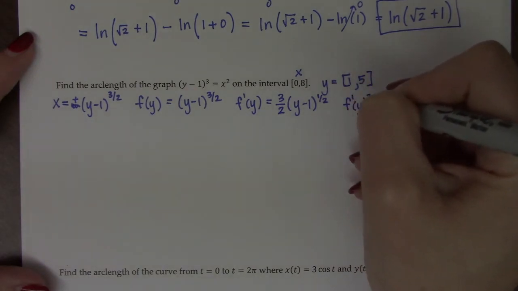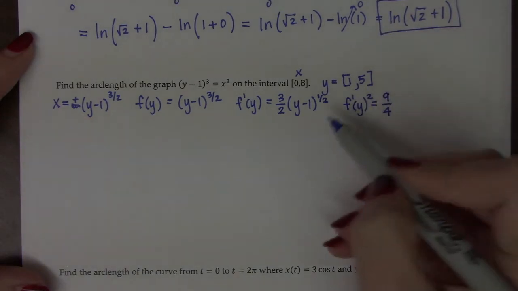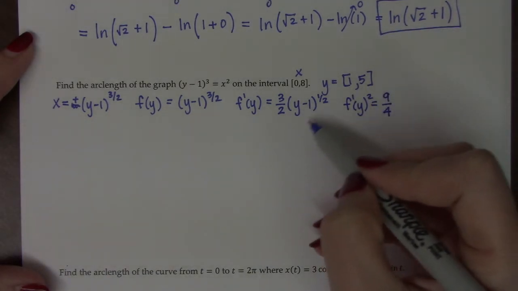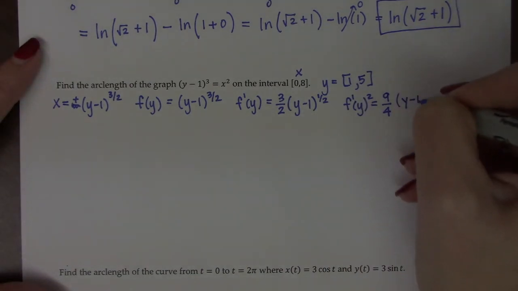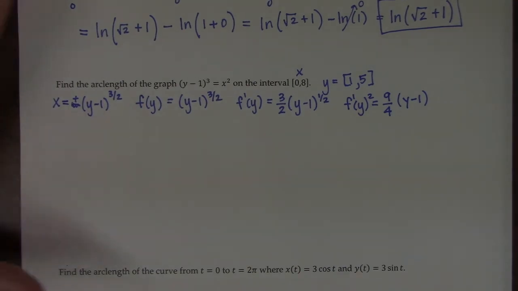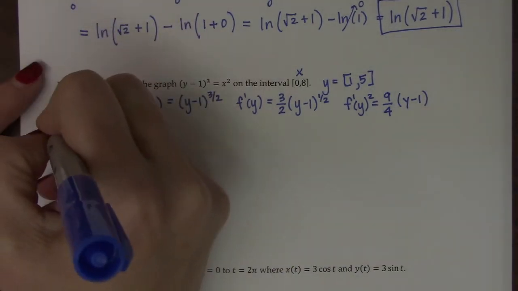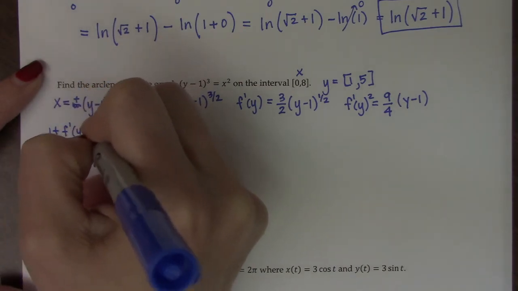Now we need to square this, so 3/2 squared is 9 over 4. And remember, this is just the same thing as writing a radical. When you square a radical, you just get back itself. So now I need to figure out what 1 plus f prime of y squared is.